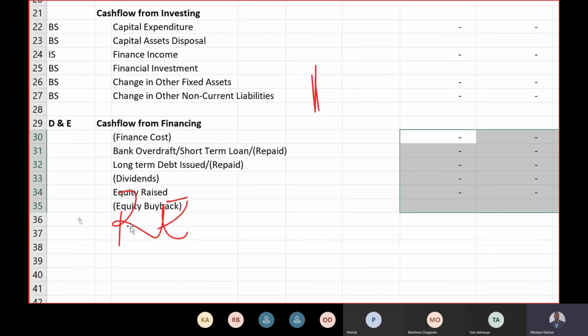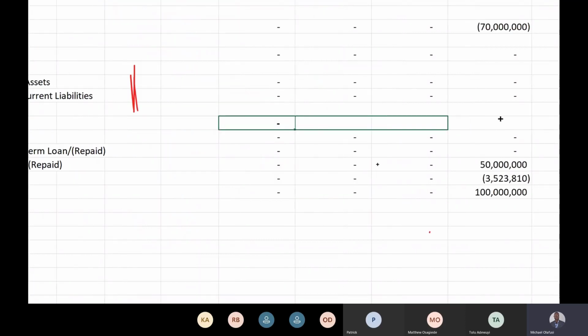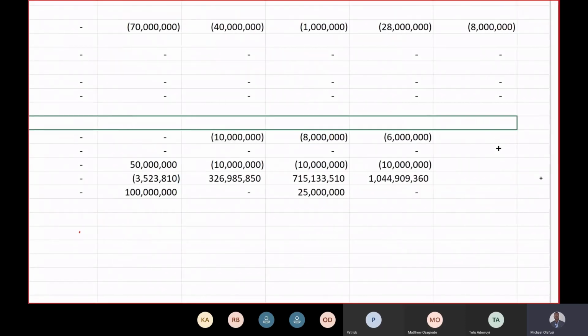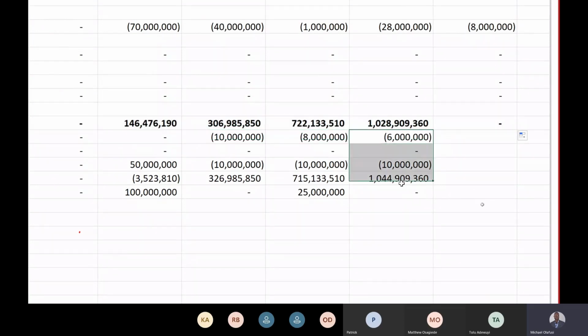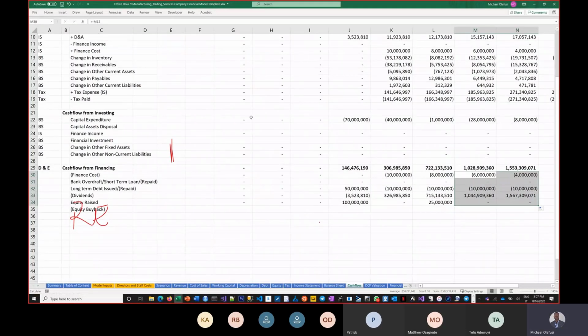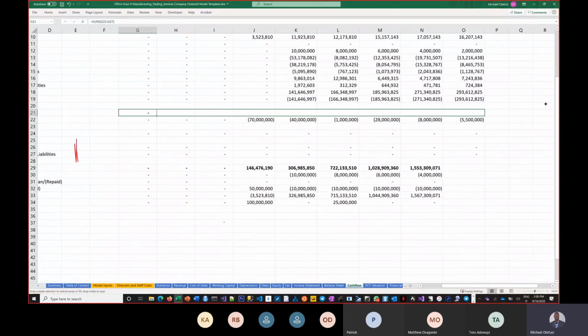Okay, and with this now we can compute our net cash flow. In fact, we can compute the total for all of those different breakdowns. So for this, I drag it all the way to the right. For this, equal to sum of all of these, and I drag all the way to the right also.